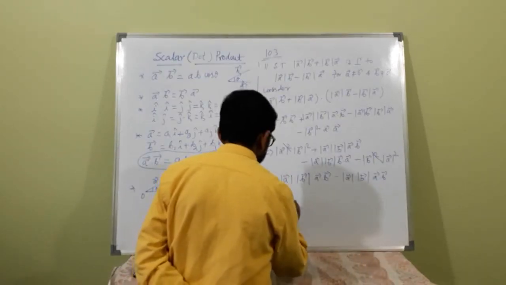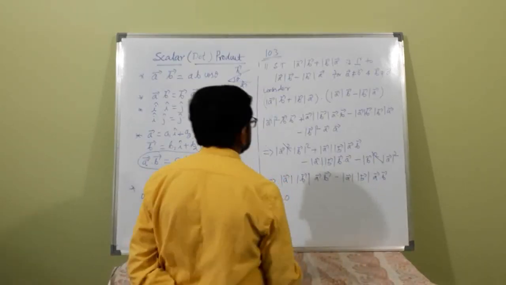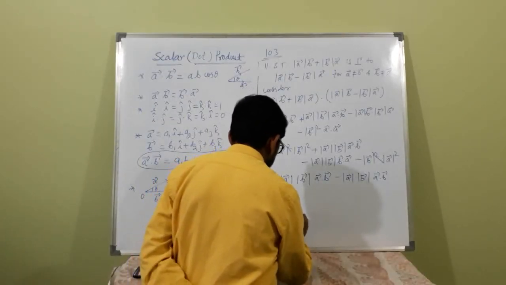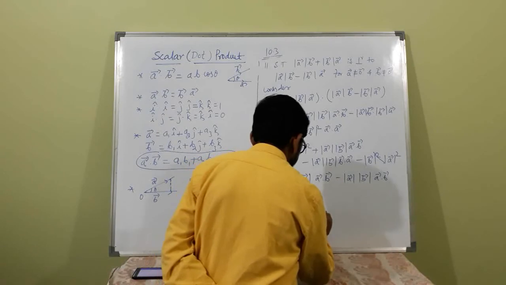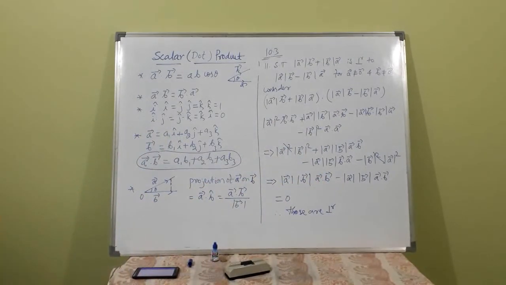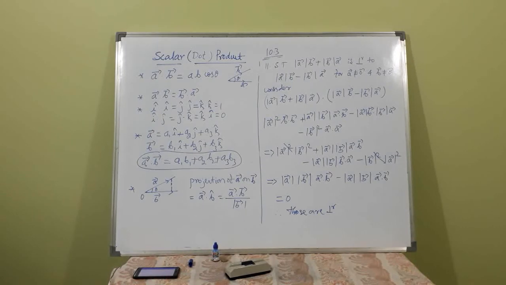This is equal to 0. Therefore, those are perpendicular to each other. Okay.